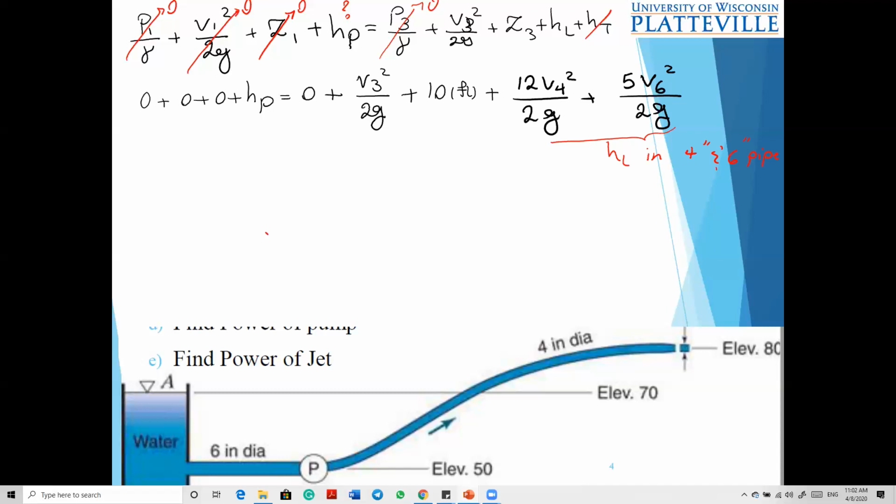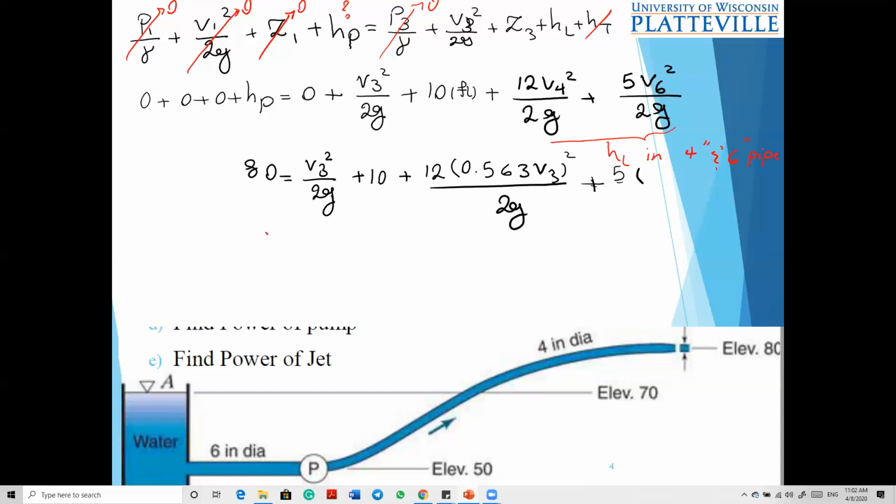Why? Because we know what V4 and V6 are, right? So the head for pump is 80 equals V3 squared over 2g plus 10 plus 12. What is V4? It's 0.563 V3 squared over 2g plus 5.